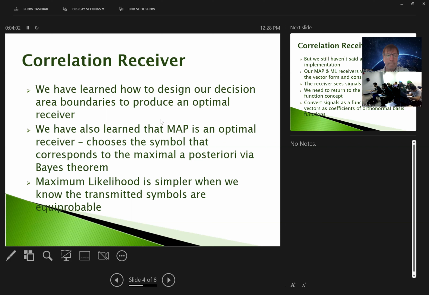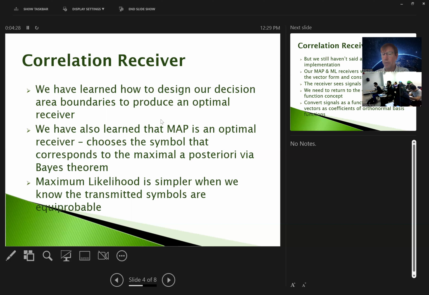But we've also learned that this maximum a posteriori probability receiver, it's a mouthful, is an optimal receiver, and it chooses the symbol that corresponds to the maximum a posteriori probability via Bayes' theorem, right?